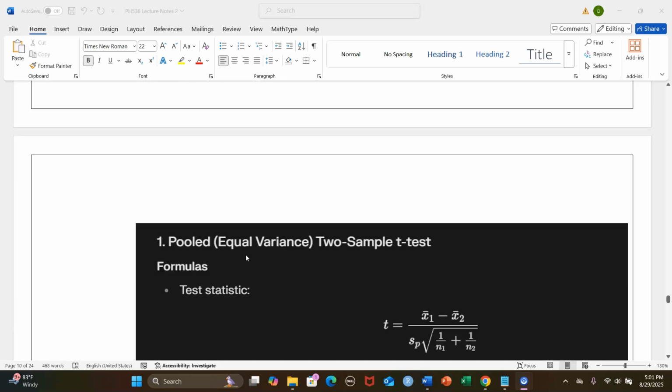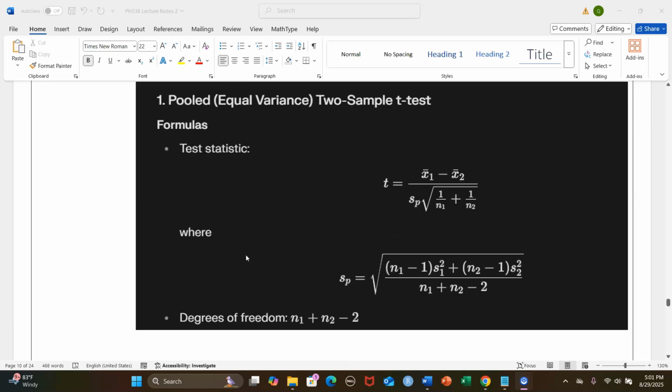Okay. And then we can try some more complicated implementation. For example, if we want to manually implement the pooled or equal variance two sample t-test, the test statistic is t equal to x1 bar minus x2 bar divided by sp times square root of 1 over n1 plus 1 over n2.